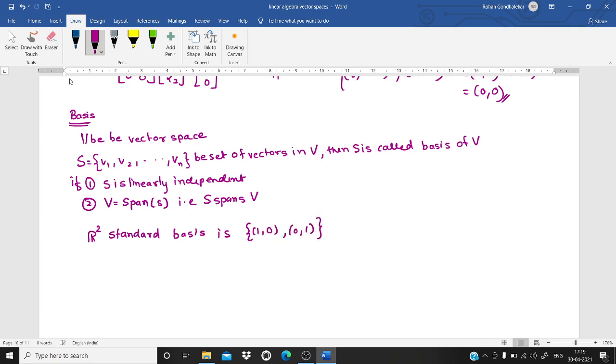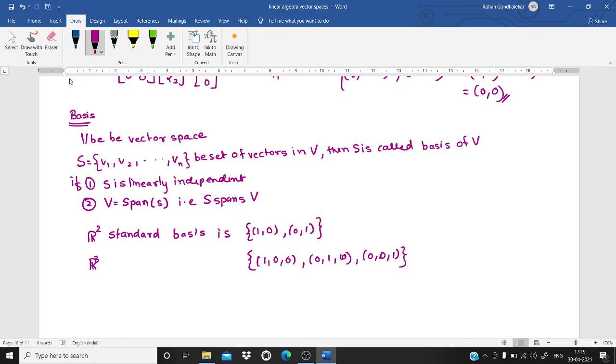Each and every member of R2 can be written as a linear combination of these two vectors, and they are linearly independent. Fine. For R3, the standard basis is 1 0 0, 0 1 0, and the third 0 0 1.